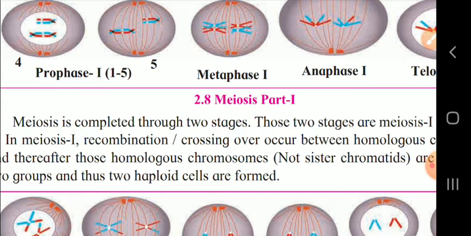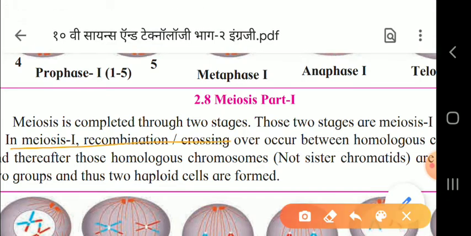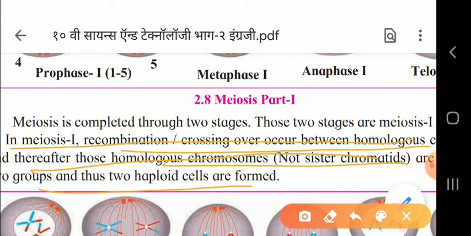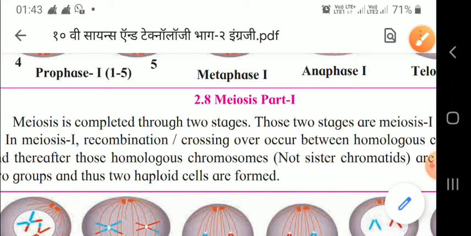In meiosis 1 recombination or crossing over occurs, so you can underline this point, that crossing over between the homologous chromosomes occurs, and thereafter the homologous chromosomes are divided into two groups, and this way two haploid cells are formed. So diploid means 2n and haploid means where single n is there.